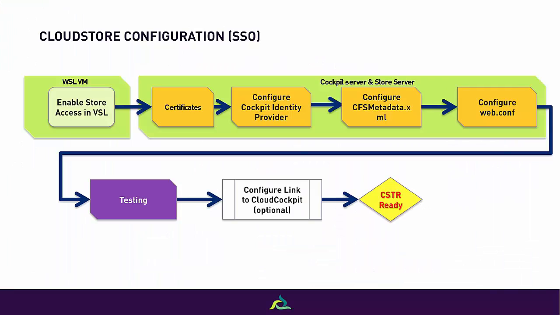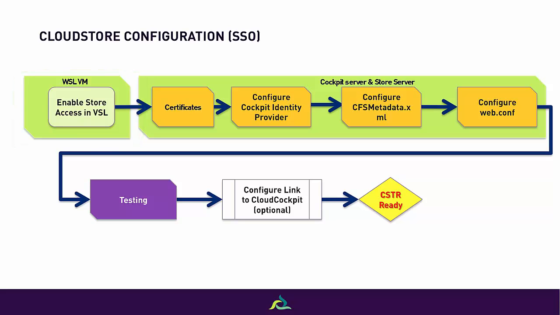Now that we have CloudStore installed, we need to set up the configuration or integration between CloudStore and CloudCockpit and WSL. So there are a few steps that we have to follow here. The first one is enable store and access in WSL. This is a configuration file to be changed.